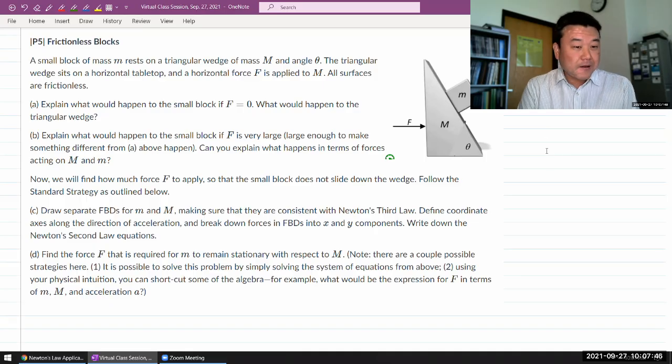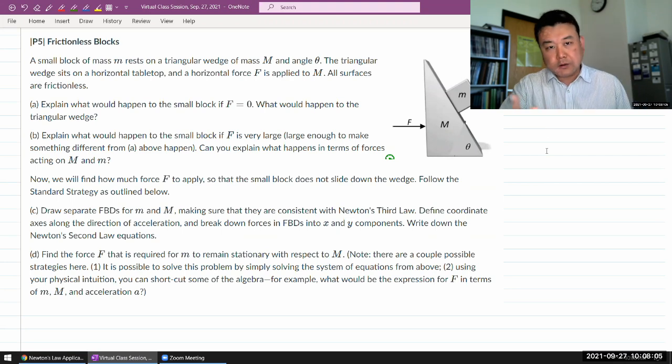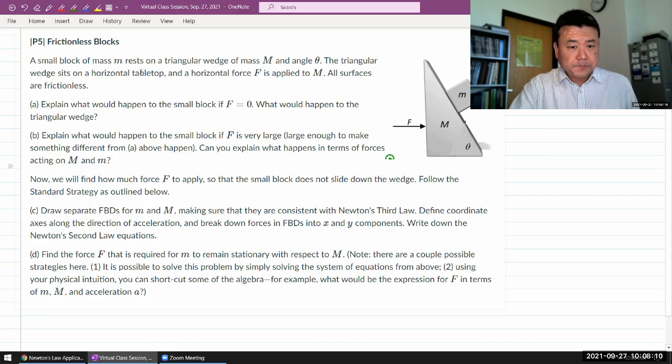Okay, so this is the question that you see linked from the lecture page, and it shows the value of the multi-block problem-solving strategy. If you're trying to answer this kind of question using only your intuition, you will find it difficult.